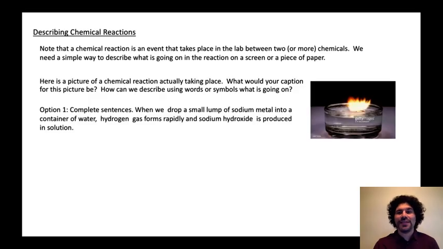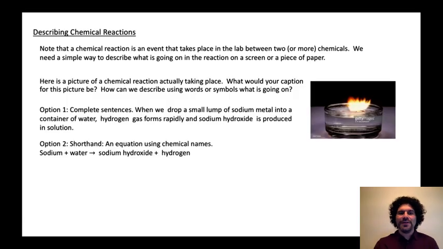That's fine. It's a bit wordy. It would be very wordy to write it, and it's even wordy to say it. So we can come up with a shorthand. How about an equation using chemical names? Just taking the chemicals out of that sentence: sodium plus water gives sodium hydroxide plus hydrogen.